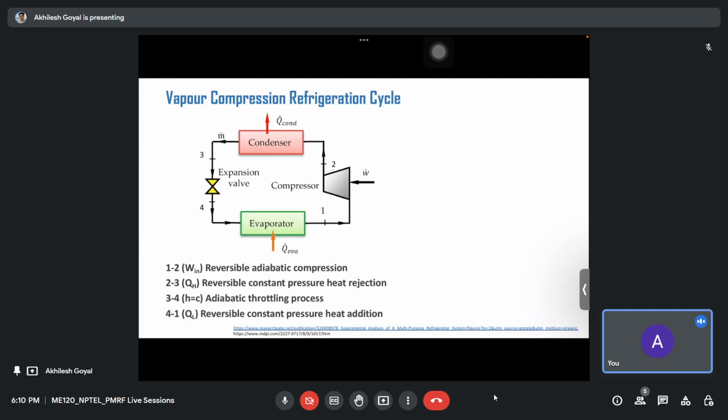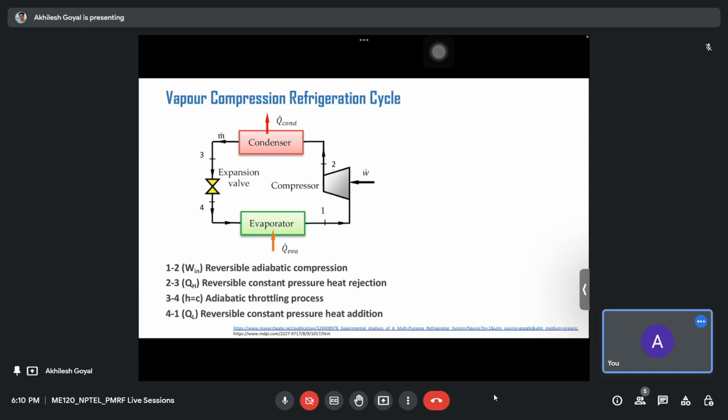The third one is 3 to 4, that is adiabatic throttling process. This adiabatic throttling process is different in the case of compression refrigeration cycle, so we will talk about this process separately also. And the fourth process is from point 4 to 1, that is reversible constant pressure heat addition. In the case of power cycle, it was constant pressure heat rejection.